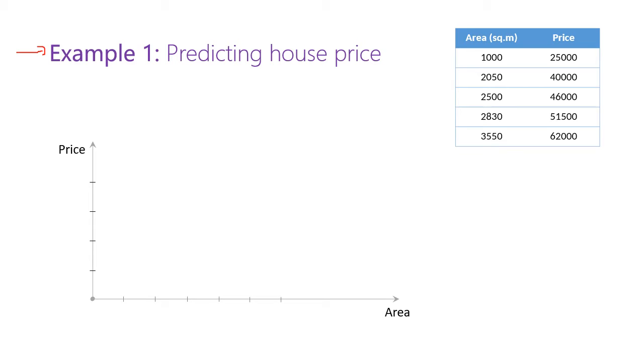Your friend wanted to sell his house, and they wanted to know how much they can get for the house. And for that, your friend collected this data for the houses that were sold in the past. And your friend has a house whose area is 3000 square meters, and your friend wanted to know the price for this area.